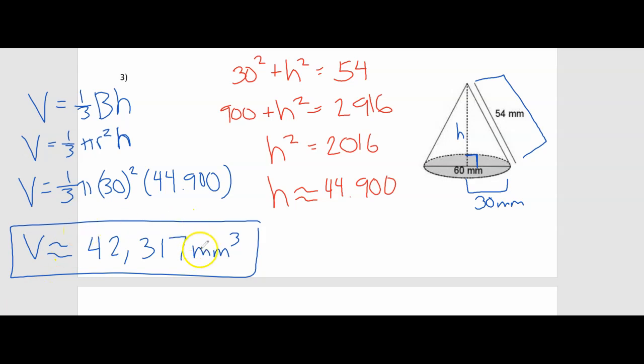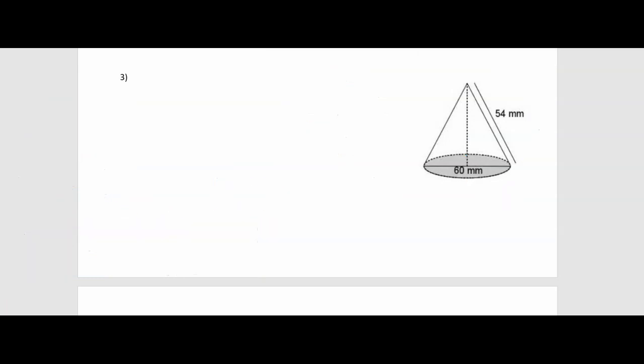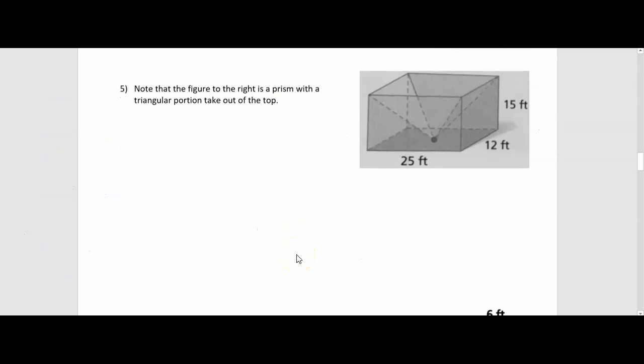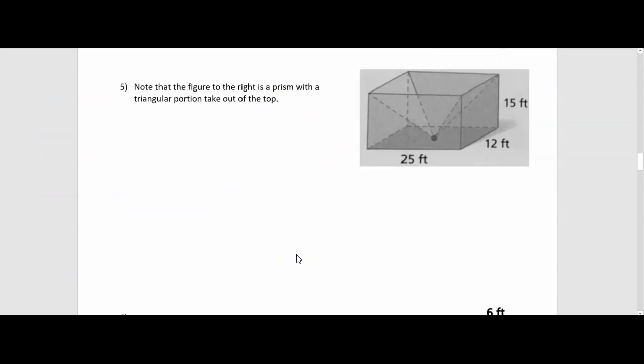All right, let's go ahead and look at a composite solid. We're going to do number 5. This one's maybe a little hard to understand what they're asking us for. This is a prism with a square pyramid being taken out of the top.